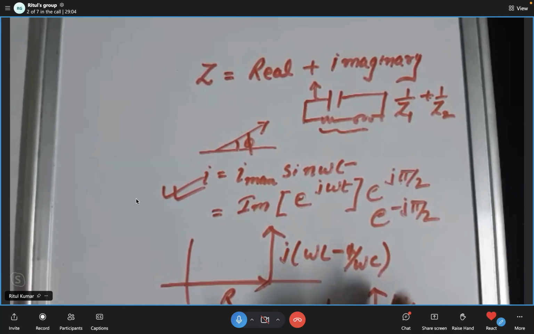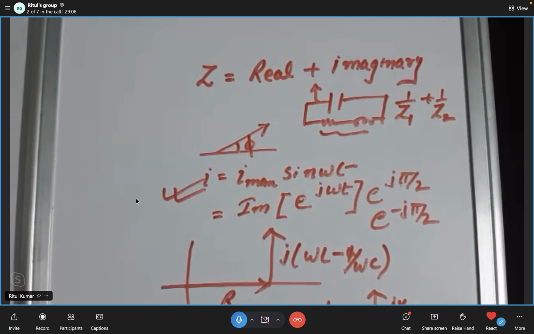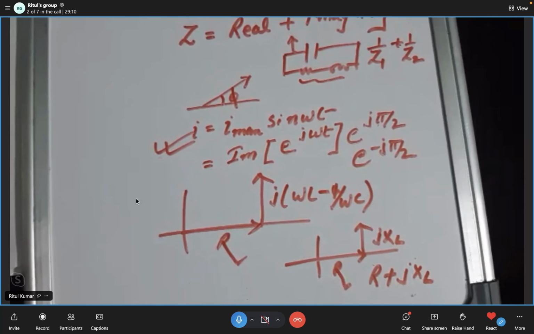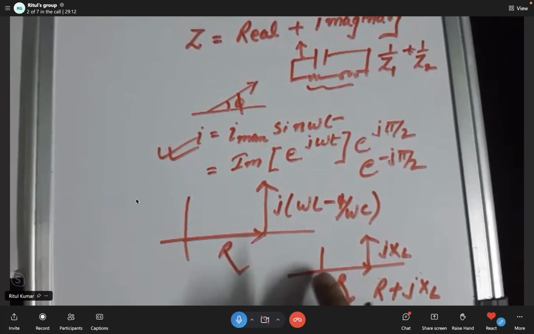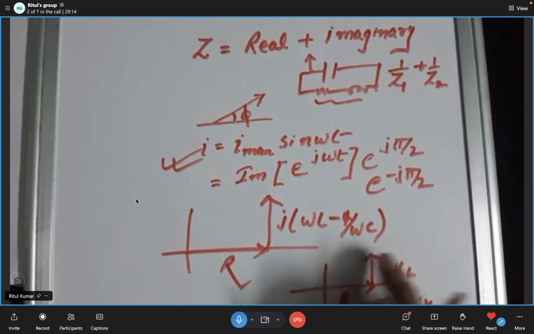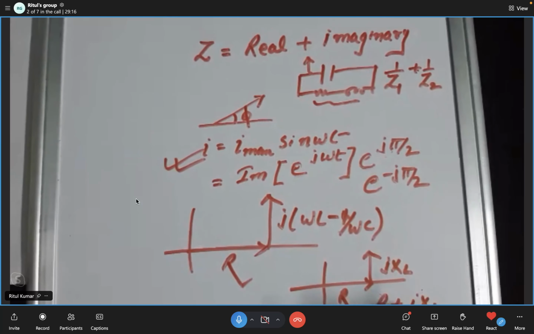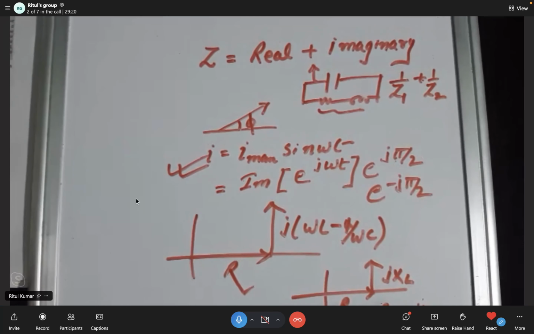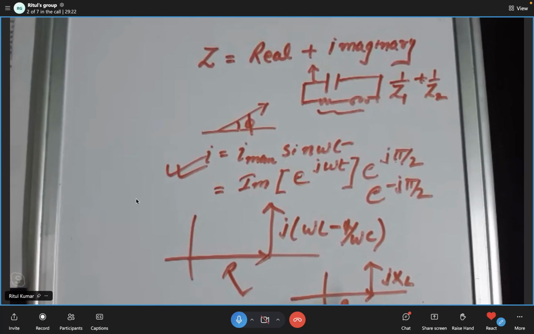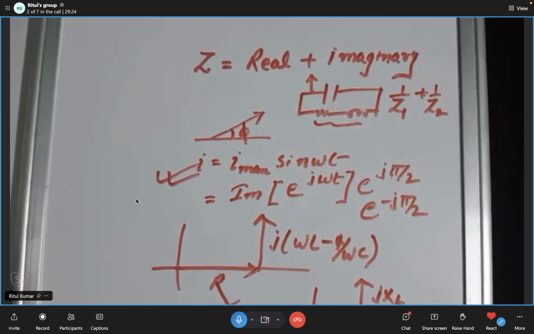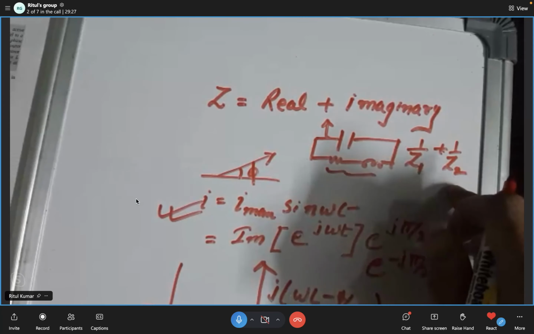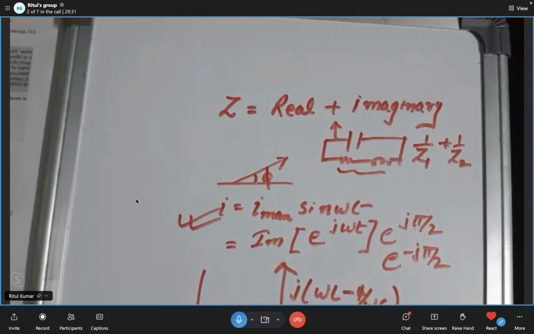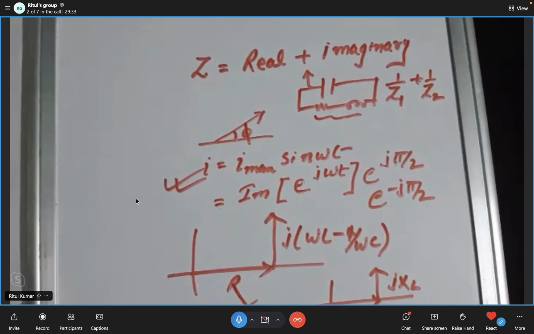So what will be the combination of the two? The combination will read R plus jXL, right? Yes, sir. R and j over here means it's rotated anti-clockwise by 90 degrees, correct? Yes. So this is what we write, the real and imaginary, and it will shape Z2; later we will calculate Z. So vector or scalar is not the issue here.